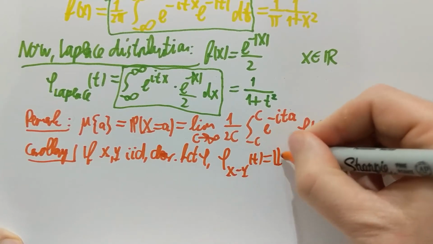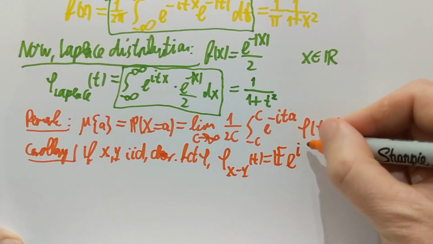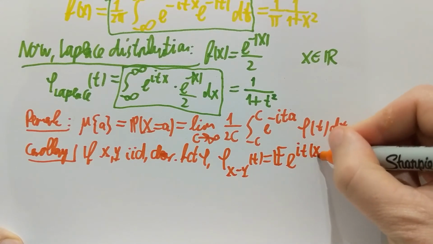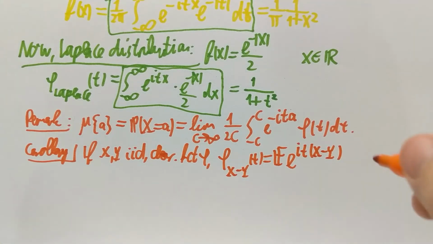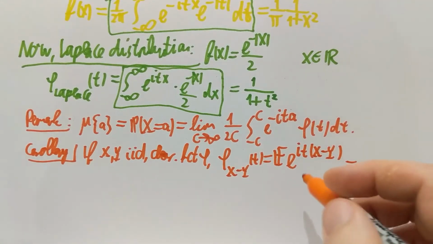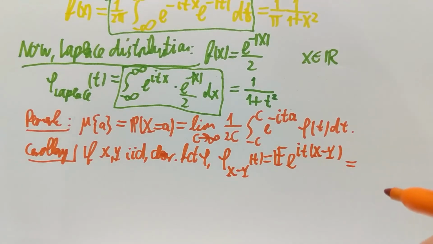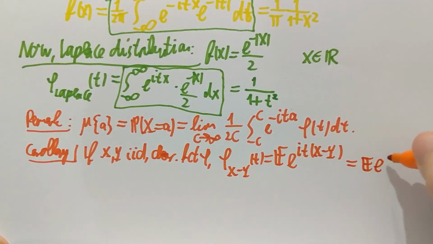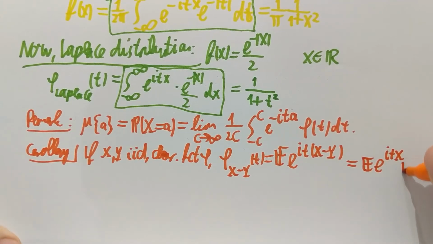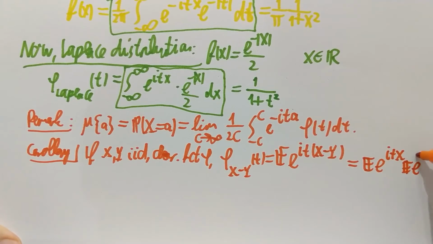This is the expected value of e to the i t (x minus y). X and y are independent, so obviously the exponential is a product. Because of independence, it can be written as the product of the expectations, e to the i t x, and then expectation of e to the minus i t y.